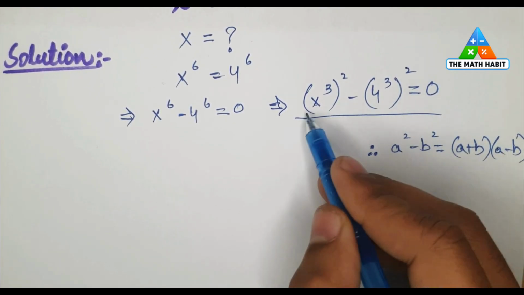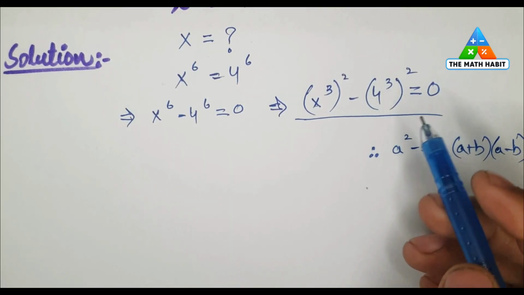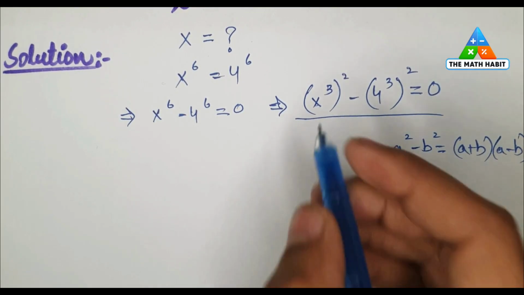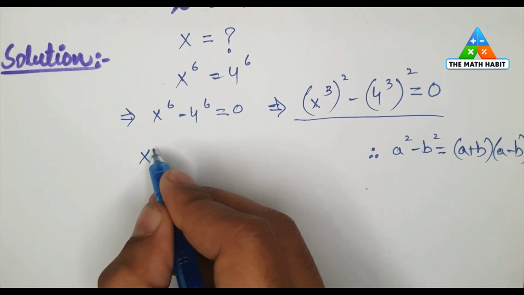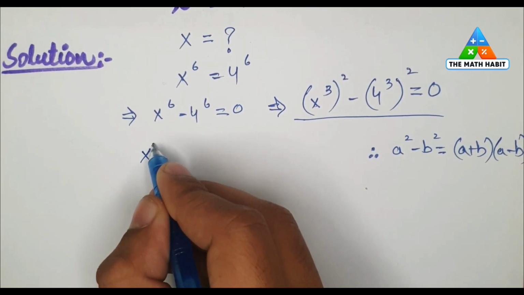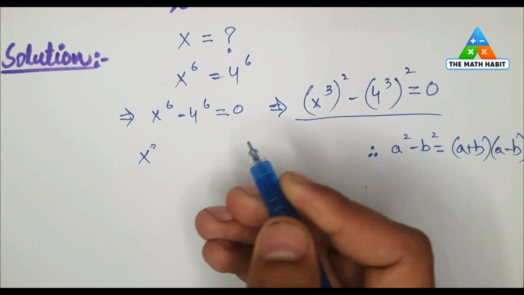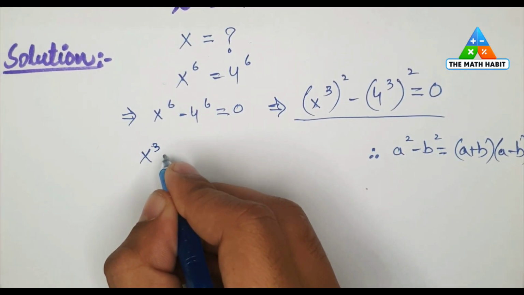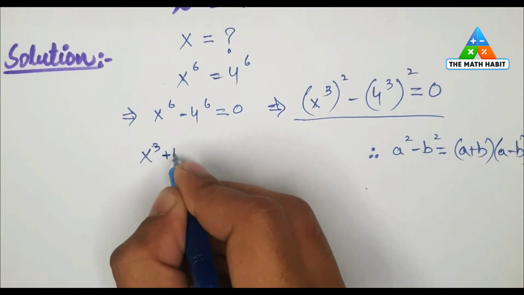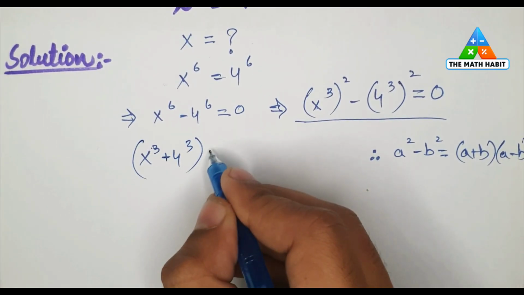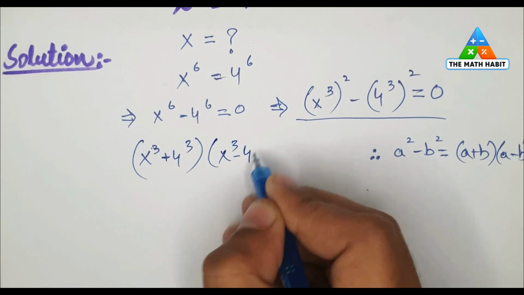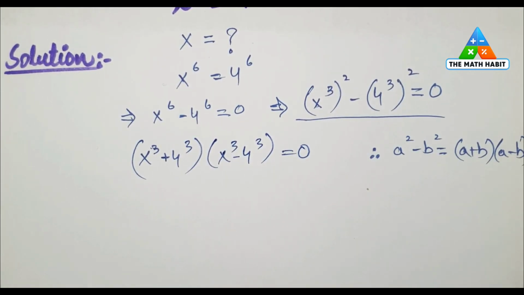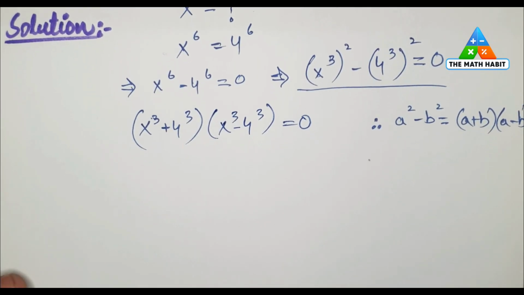If we take x cube as a and 4 cube as b, we write it as x cube plus 4 cube into x cube minus 4 cube, after applying this formula to this expression. So it was basically the difference of two squares.